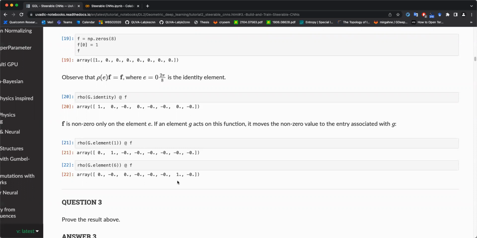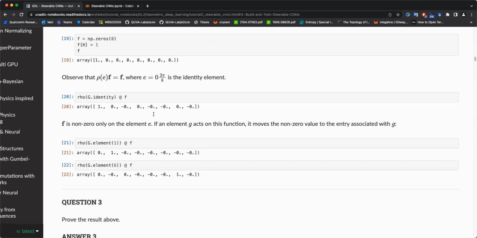Do you see how these cyclic shifts are implemented as permutation matrices? Hopefully it also makes sense that these permutation matrices can be combined with each other, so rather than shifting by 1 and then shifting by 6, we can shift by 7. That makes sense, right?